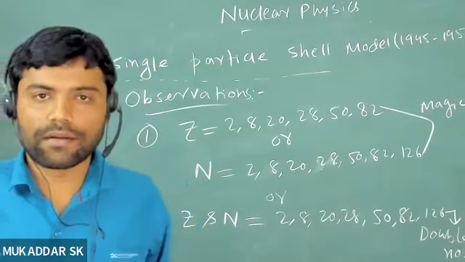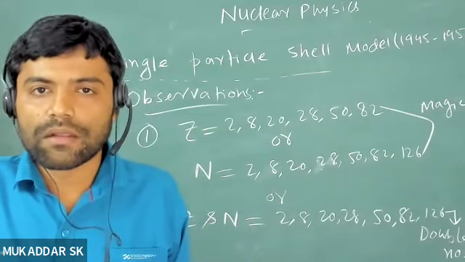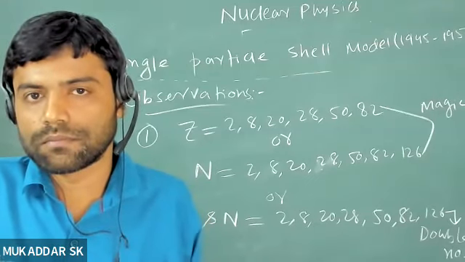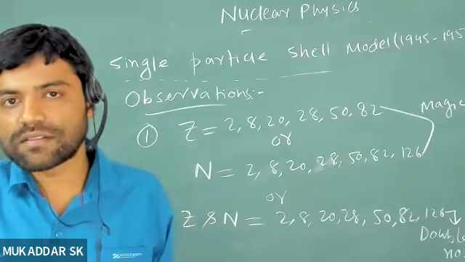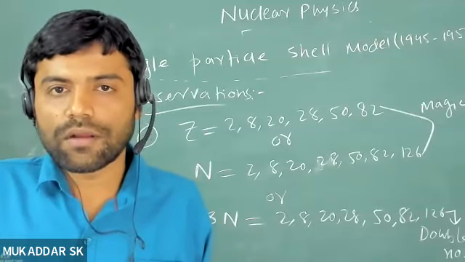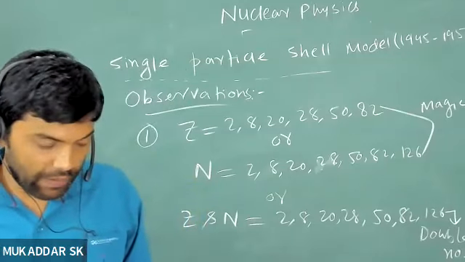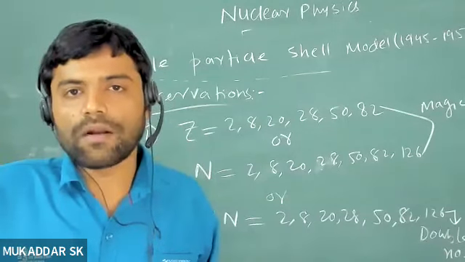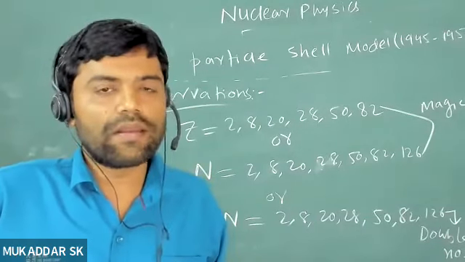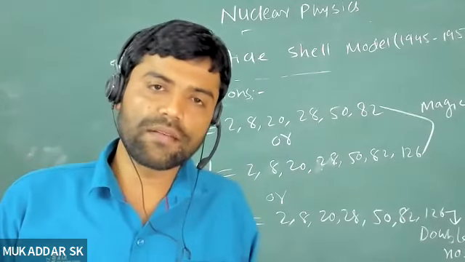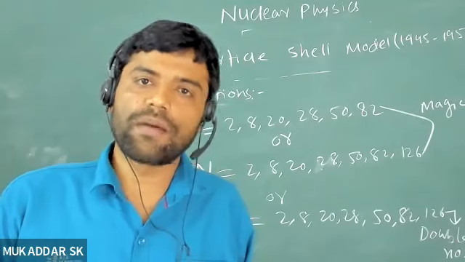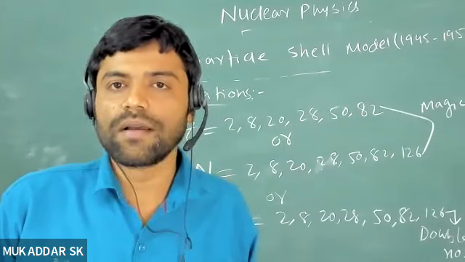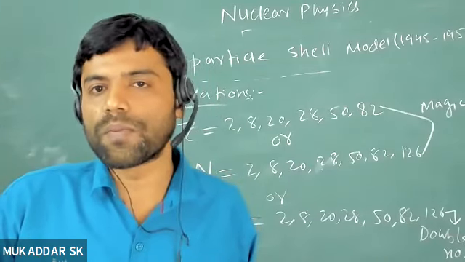Then nuclear scientists said, definitely there will be a shell structure inside the nucleus. There is definitely some shell structure inside the nucleus. That's why they are more stable. Why are they predicting like this? Because we know from electronic configuration, from the atomic concept, if you remember, that an inert gas is more stable, right? Why? Because they have a closed shell structure. Atomic structure has shell structure, and for an inert gas that shell is completely closed.